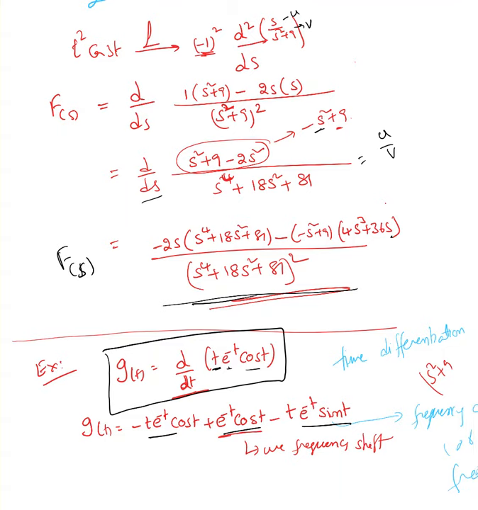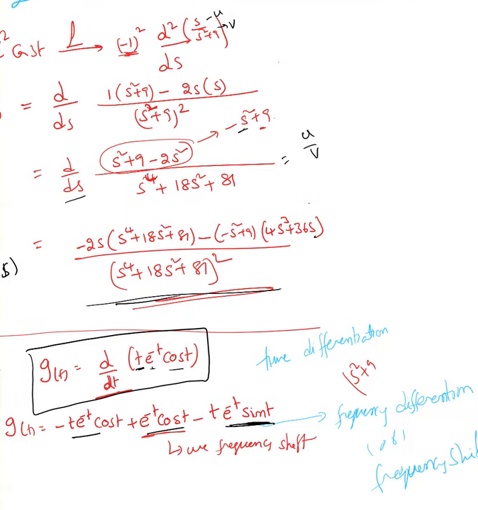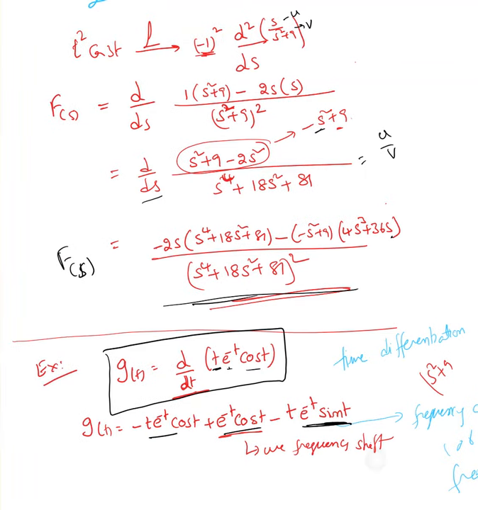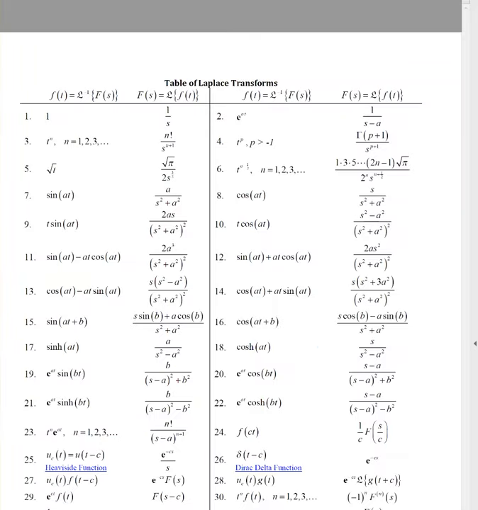And here also I can use either the frequency differentiation property or the frequency shift property. Now, if you look into the table, I have the Laplace transformation for t times sine at.